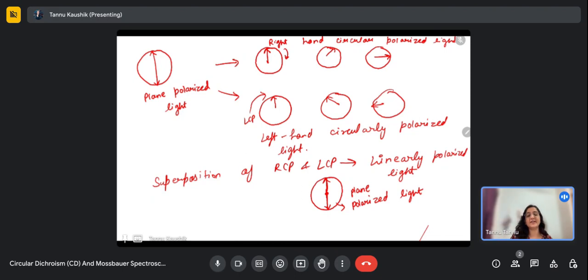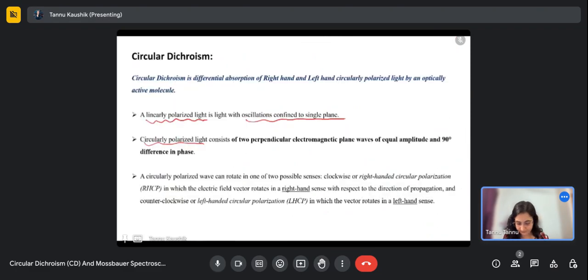But if there is an angle difference and that is 90 degrees, we call it a circularly polarized light. So, circularly polarized light consists of two perpendicular electromagnetic plane waves of equal magnitude and 90-degree difference in phase.